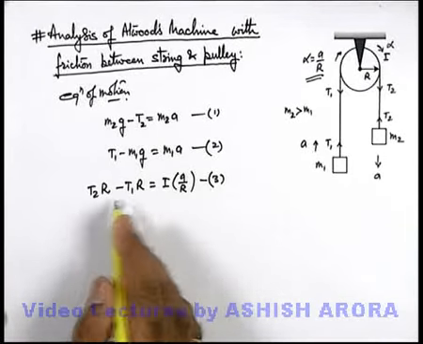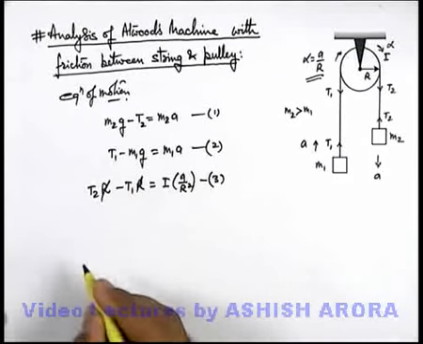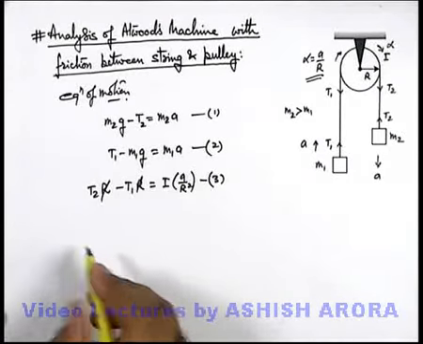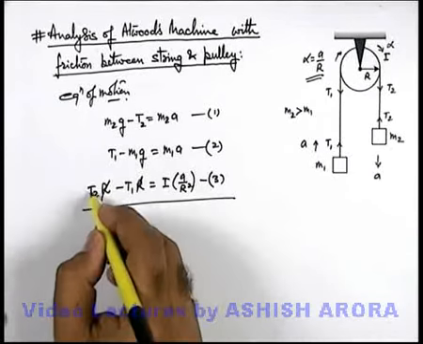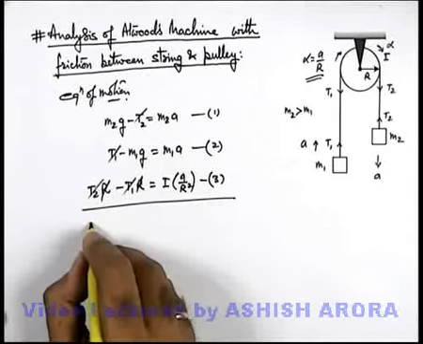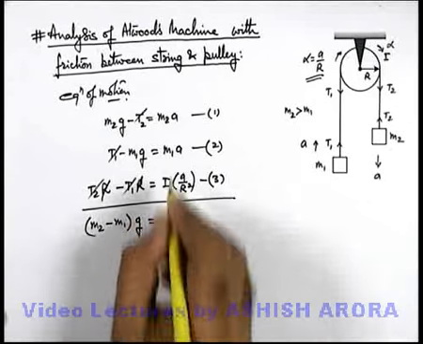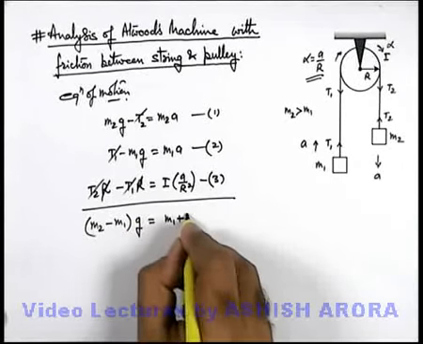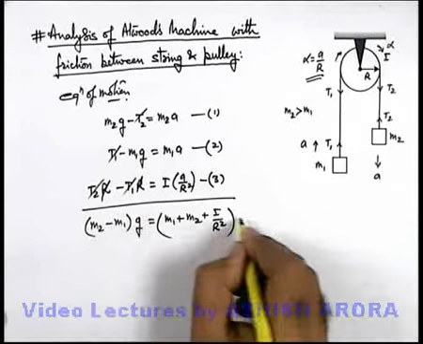And to analyze the situation, I can take this R to the right side of the equality, and if we add the three equations, you just carefully have a look. Here T2 gets cancelled out, T1 also gets cancelled out. I'll be getting (m2 minus m1) into g is equal to (m1 plus m2 plus I by r square) into a.